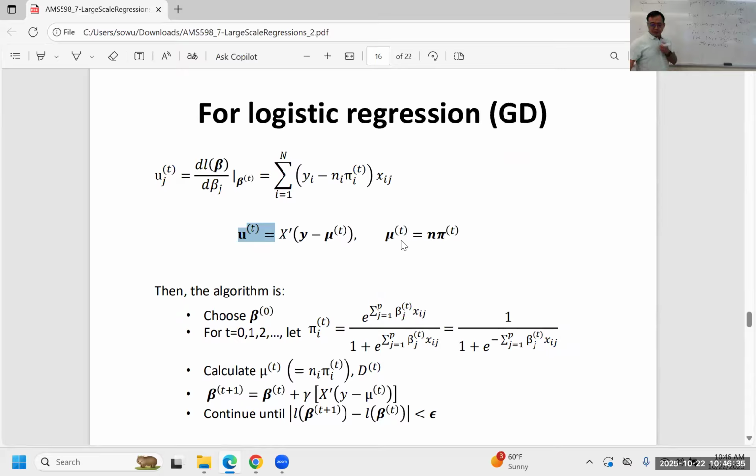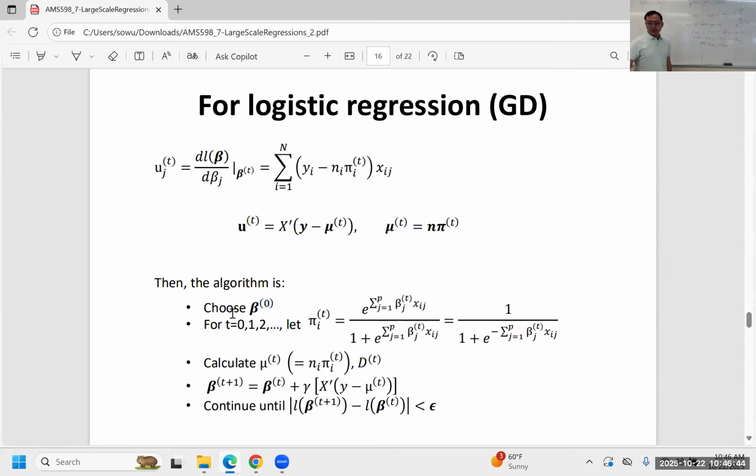So for gradient descent applied to logistic regression, the first part is the same. We randomly start somewhere, and then at each time t, we compute the pi_t for each one of them, which gives us the first order derivative.